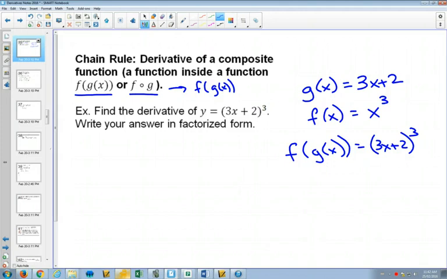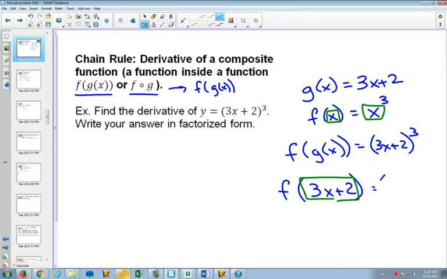How do we take composite functions and actually write them? Well, g of x is 3x plus 2. And so f of 3x plus 2 says wherever I had an x in f of x, I'm now going to replace it with a 3x plus 2.